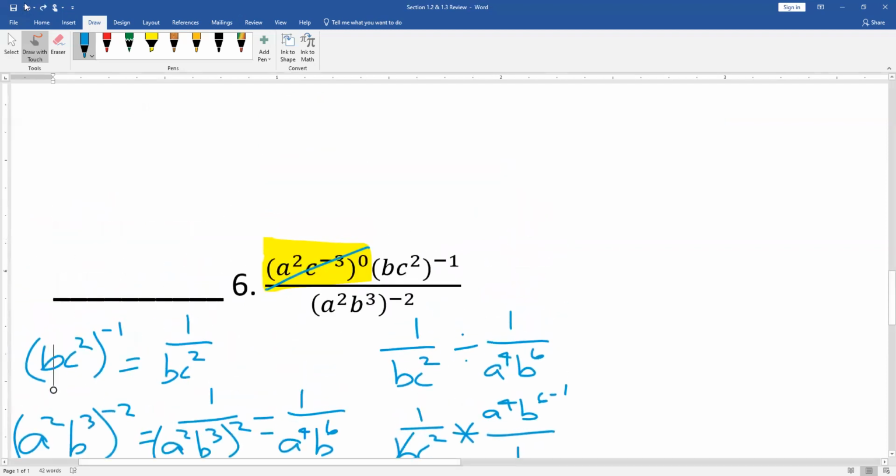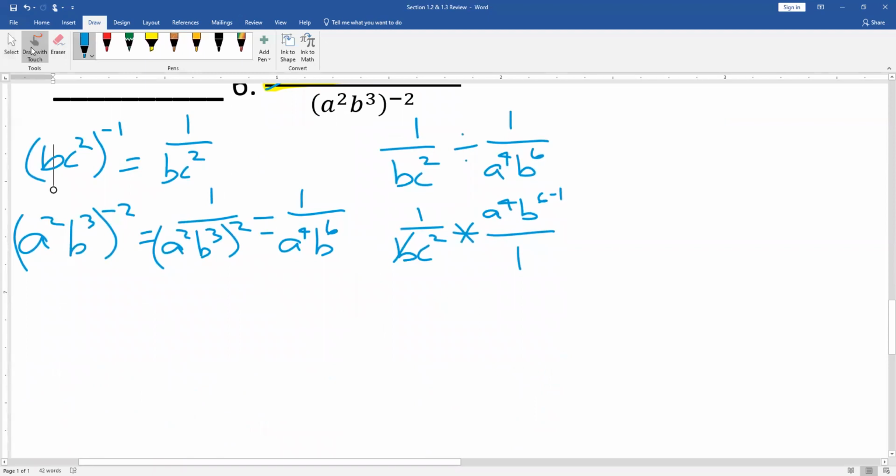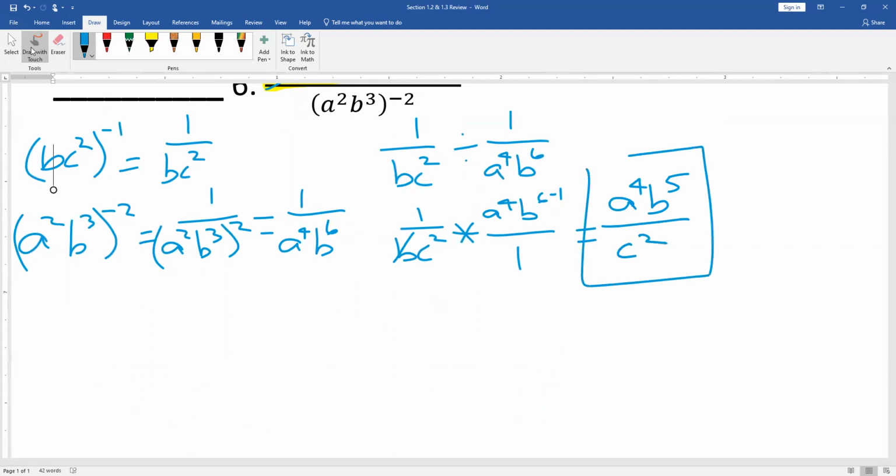It's driving me crazy. That becomes a 6 minus 1. So simplify again. This equals a to the power of 4, b to the power of 6 minus 1, which is 5, over c squared. And that is your final answer.